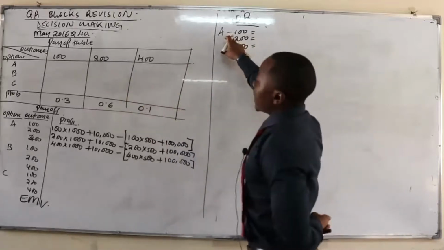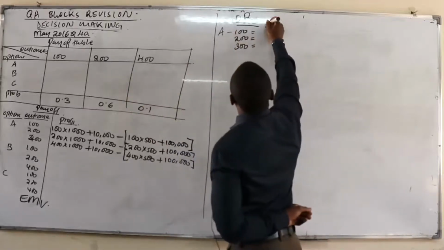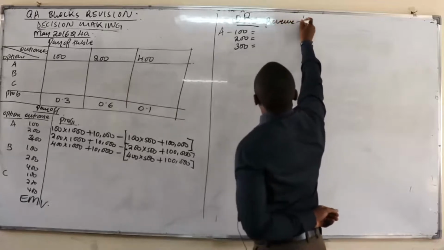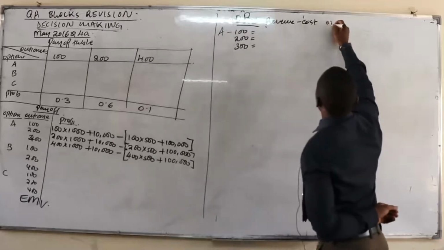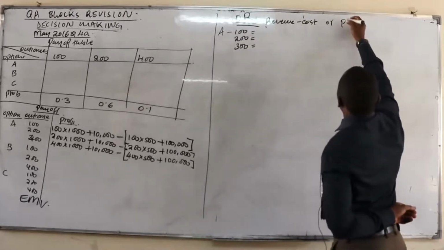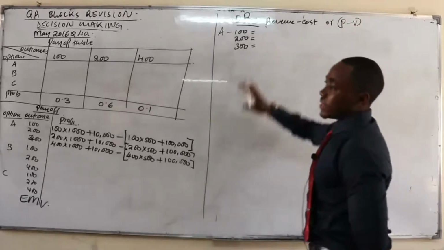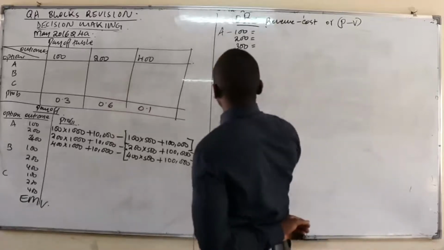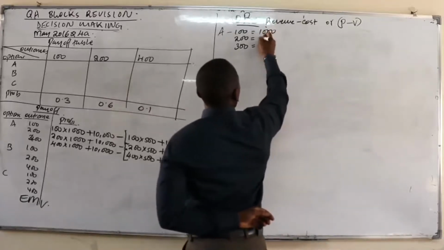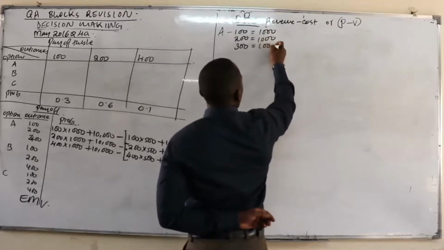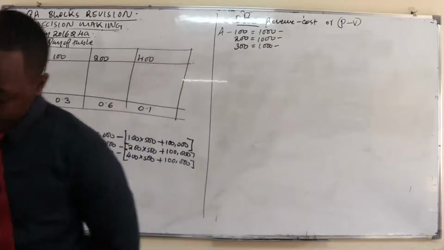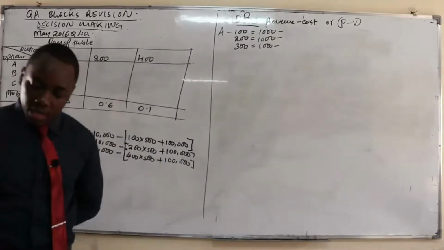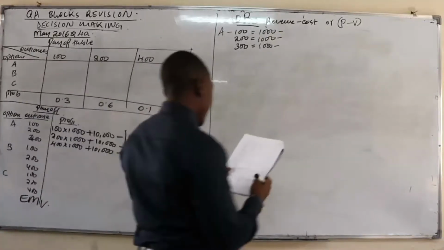If you produce 100, you take the revenue minus cost, or you take the selling price minus the variable cost. So the selling price is how much? The selling price is 1,000. You minus the production cost. How much was the production cost? The production cost was 500.